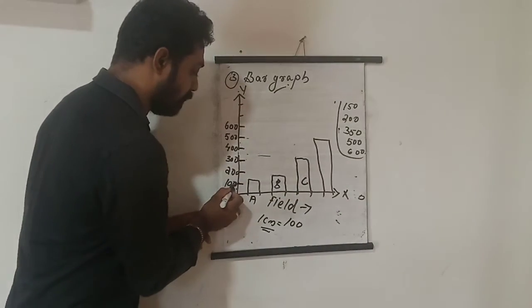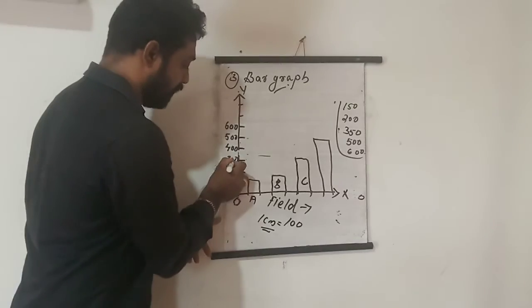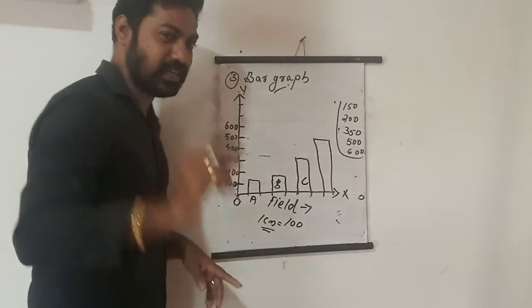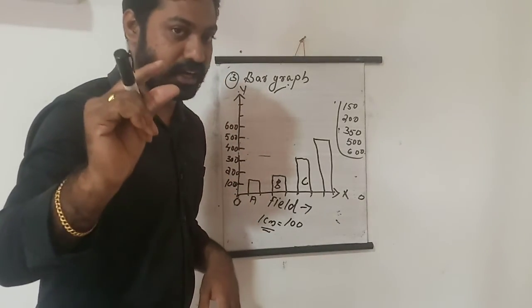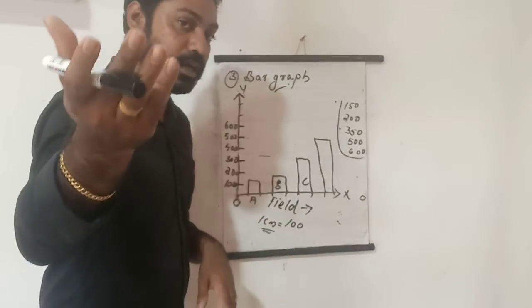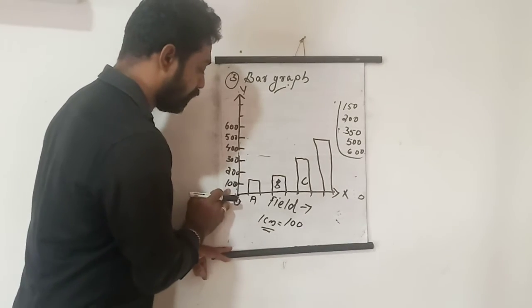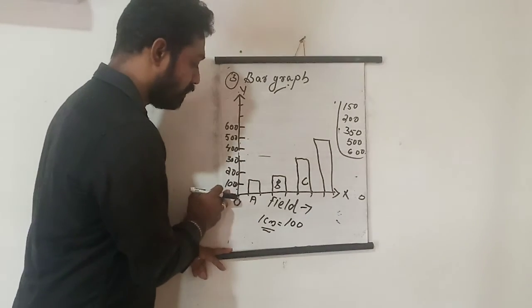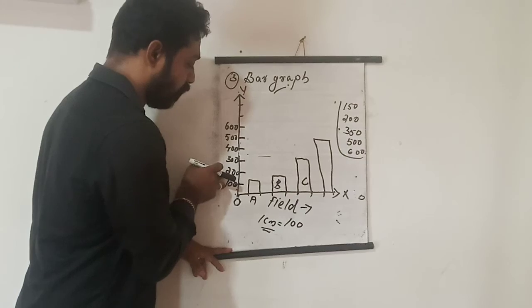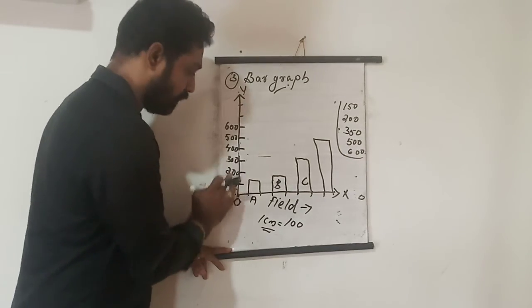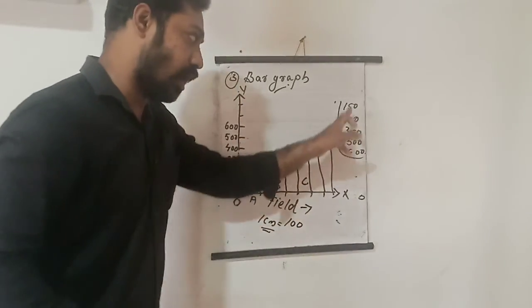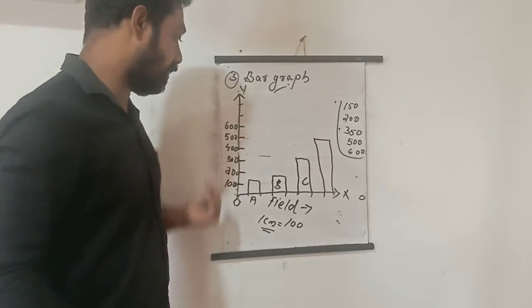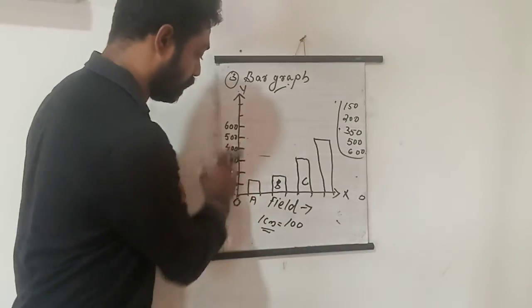If you take 25, then 25, 50, 75, 100, very small units will be difficult. Very high units are also difficult. For example, if you take 200, then 200, 400, 600, and we have to divide everything. So according to our data we have to make the divisions.